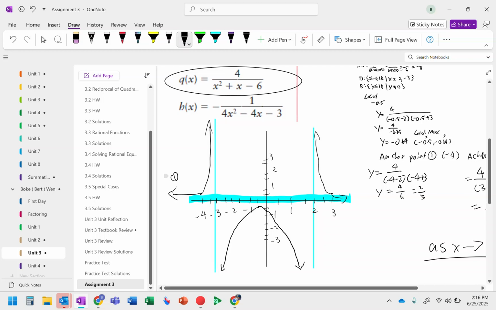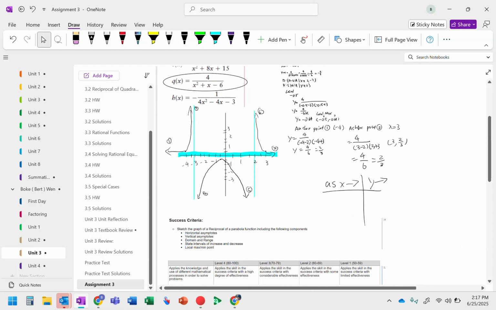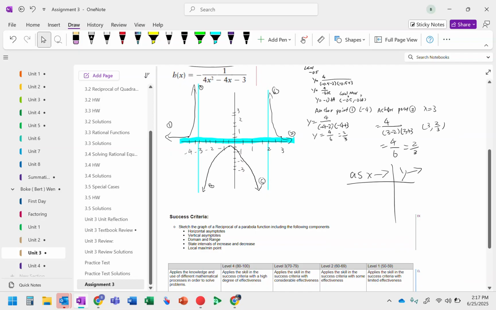So we got arrow number 1, arrow number 2, arrow number 3, arrow number 4, arrow number 5, and last, arrow number 6. If we look at arrow number 1, the first thing we can see is x is going to -infinity, and y is going to the horizontal asymptote of 0.